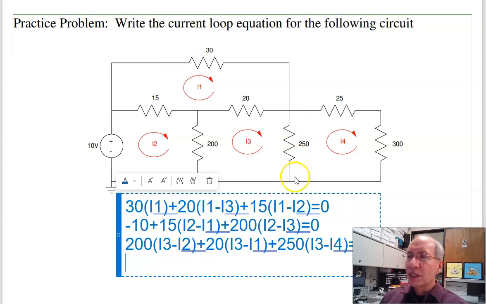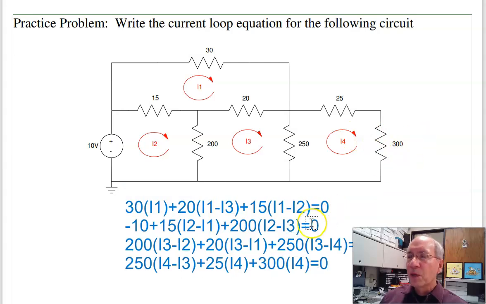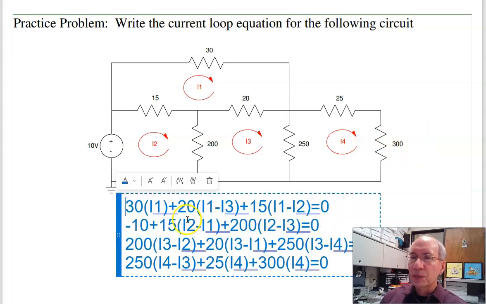And finally, start in the lower left corner, 250 times the current going up, I4 minus I3, plus 25 times I4, plus 300 times I4 is 0. 4 equations, 4 unknowns.